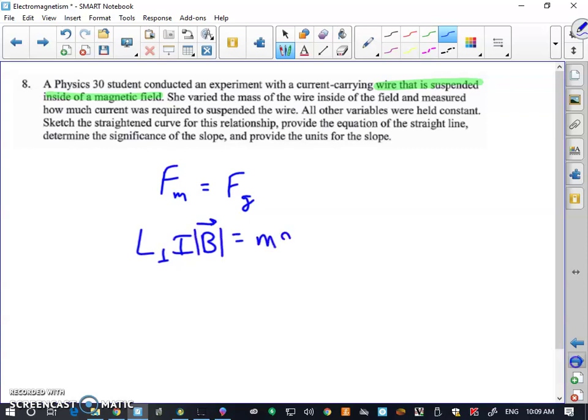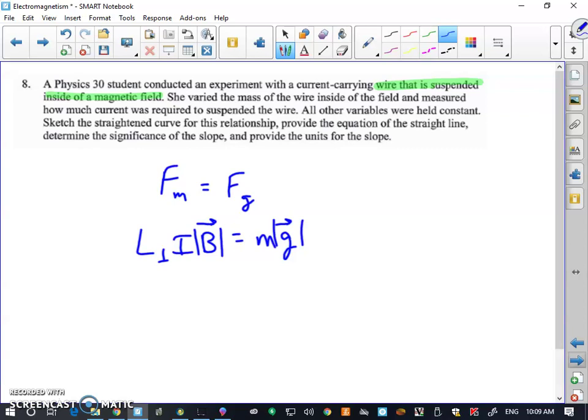That's equal to M times G, where G is kind of the vector here, but there's an absolute value of that. Now, you can put absolute value around G or MG, either one's fine. All right, I'm going to drop out the vector signs here and the absolute value signs and kind of get to the answer here. So what am I going to do?